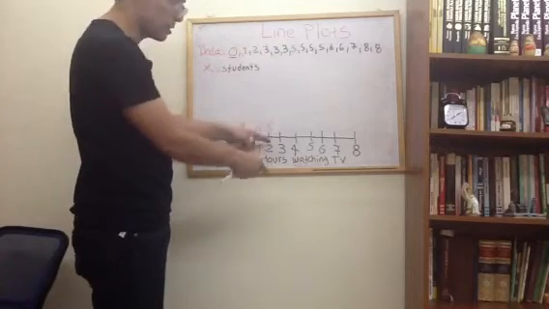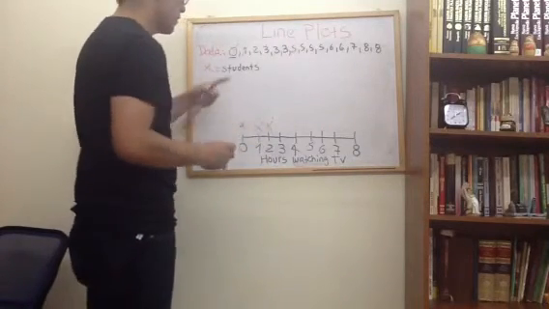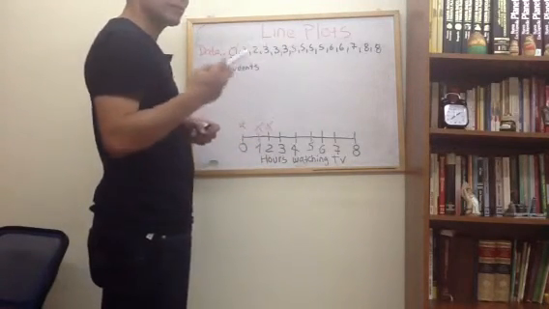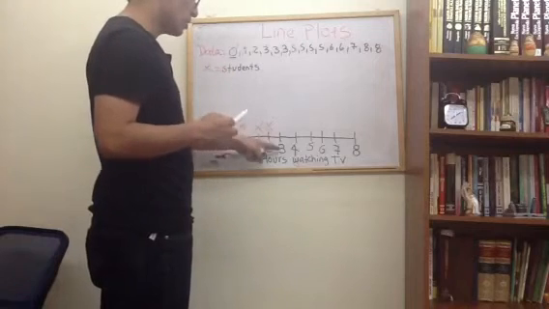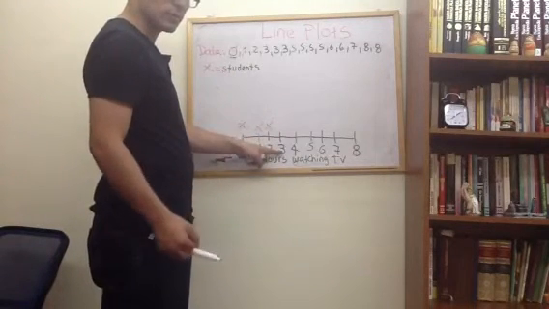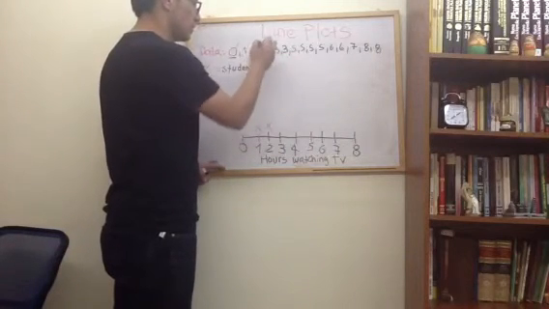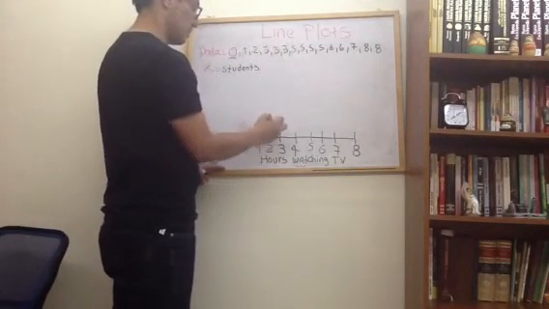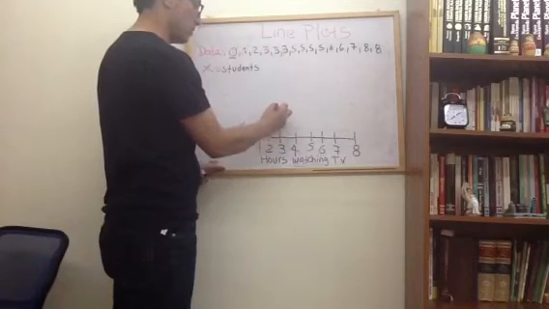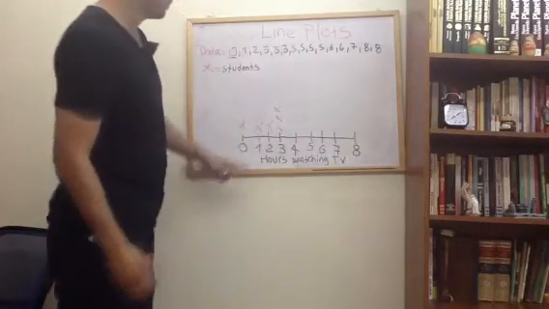Alright, so this and this are the same. 3. How many students watch 3 hours of TV? 1, 2, and 3. You see?